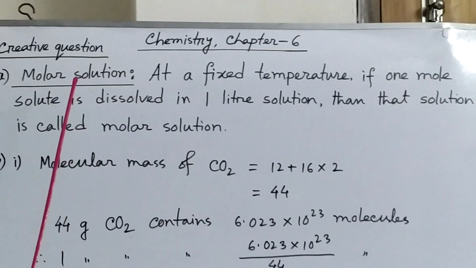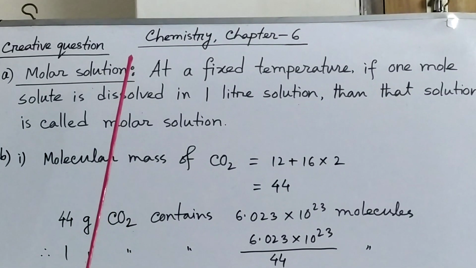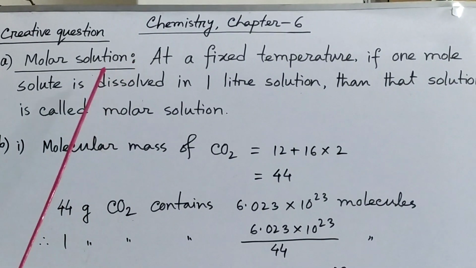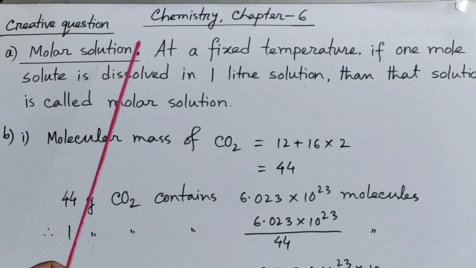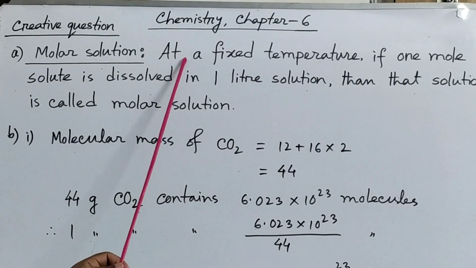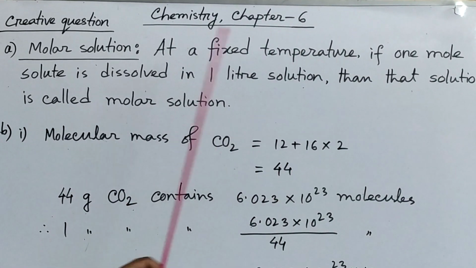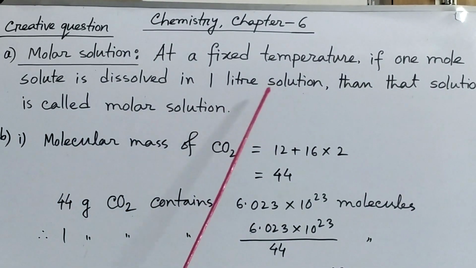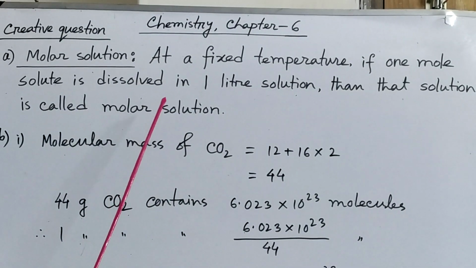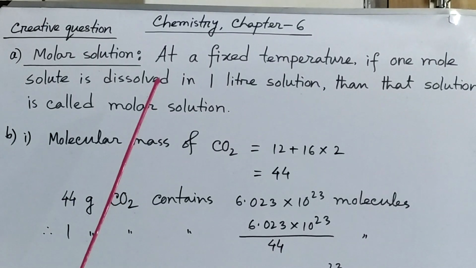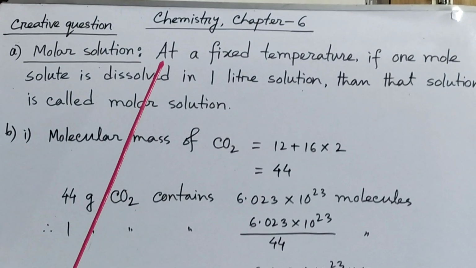Dear students, now we will write the answer one by one. All of you write it in your class copy. Number A, molar solution. I have written the answer: at a fixed temperature, if 1 mole solute is dissolved in 1 liter solution, then that solution is called molar solution. Now in this there are also 3 more questions given.